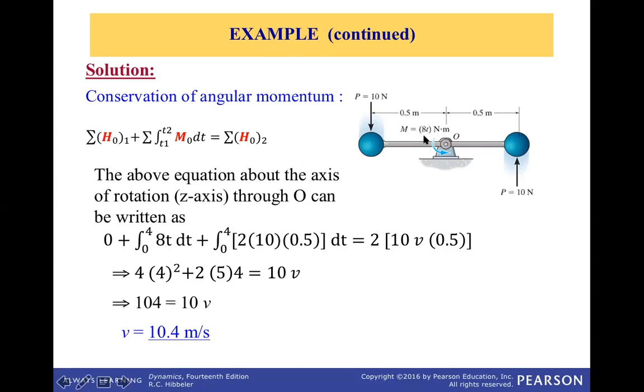That's coming from that one. Now let's consider the moment of force by this force P equal to 10, okay? If you look at the direction, the moments will make the system rotate, and they are all going to make the system rotate in the counterclockwise direction. So they are all in the same direction.